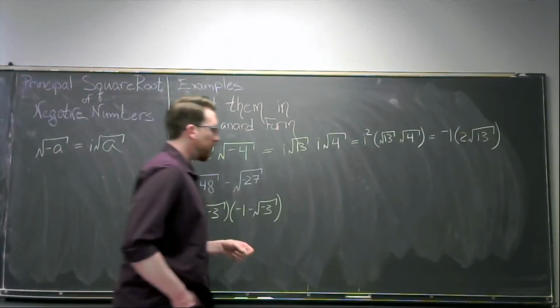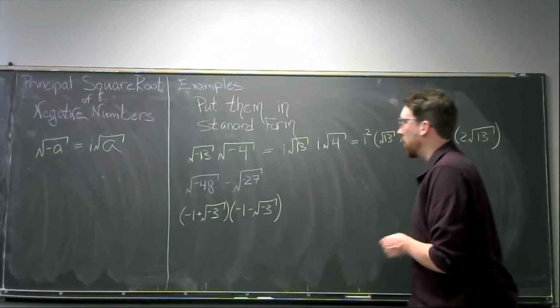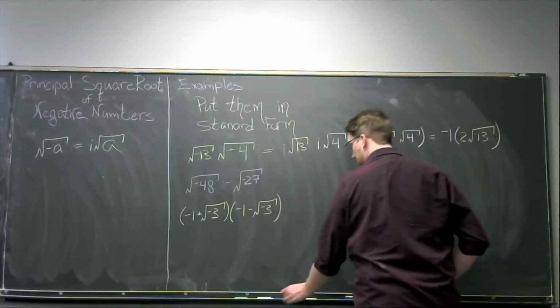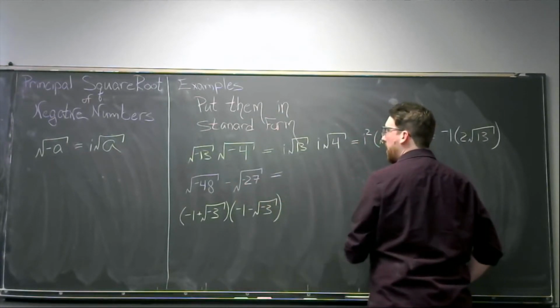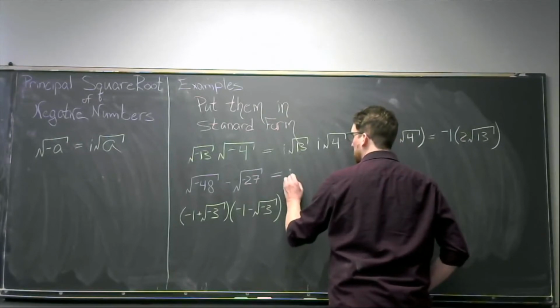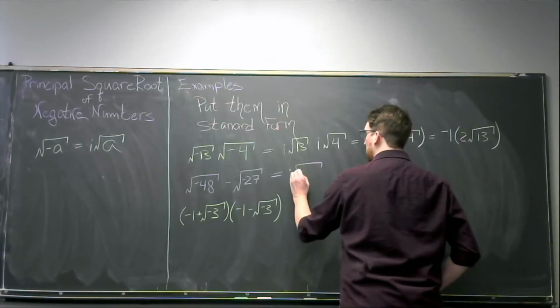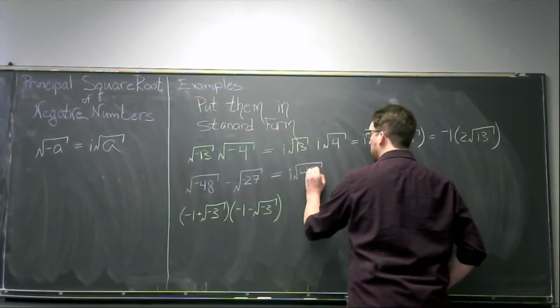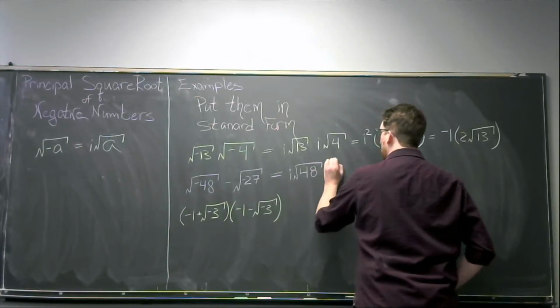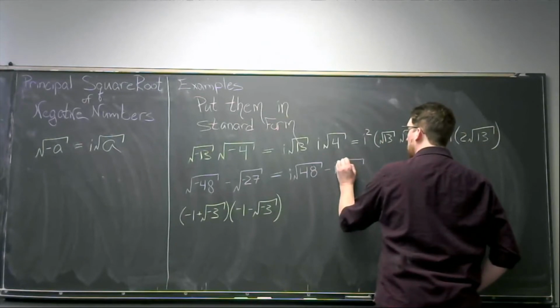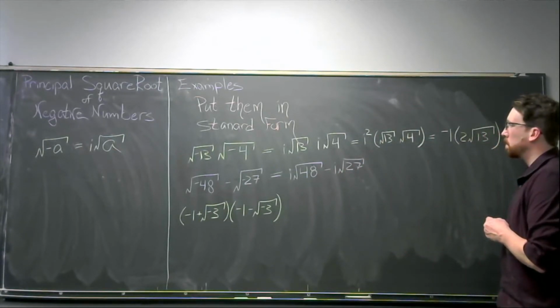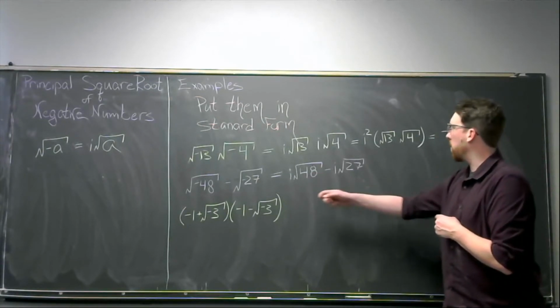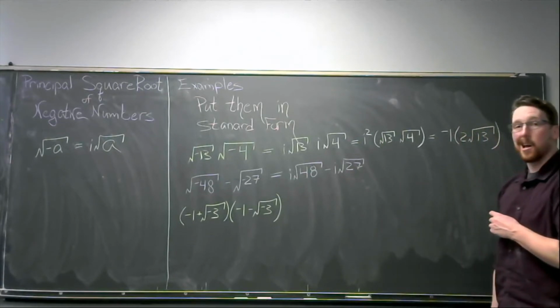For this next example, we're going to do the same thing. We're going to pull out that i first. We're going to have i times the square root of 48 minus i times the square root of 27. Well, notice this is divisible by 4, this is divisible by 9, right?